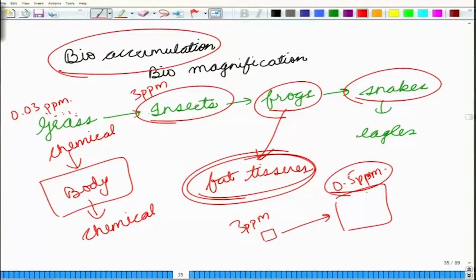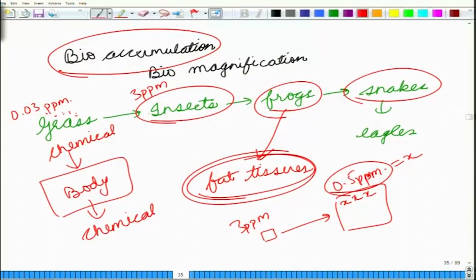But then, because this chemical is getting accumulated in the body, let us say that this is in amount x. The frog eats one insect and it gets x amount of this chemical. Then the frog eats another insect, it gets another x. It eats another insect, it gets another x.